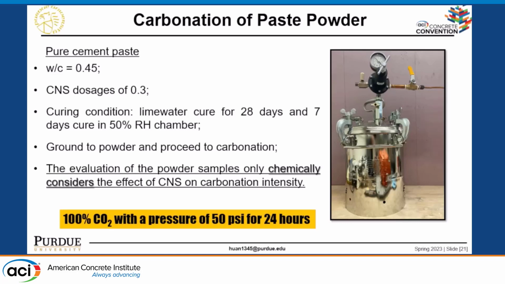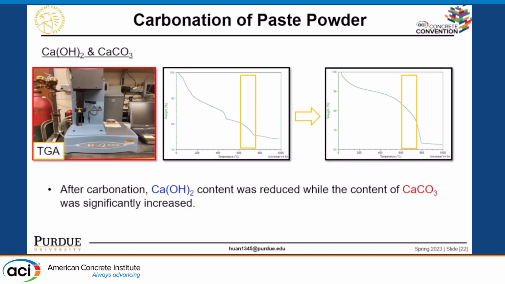Then we used TGA and a pH meter to test the change of the CH and the calcium carbonate content. As you can see, before and after the test, of course, the calcium hydroxide content was reduced and the calcium carbonate content was increased.